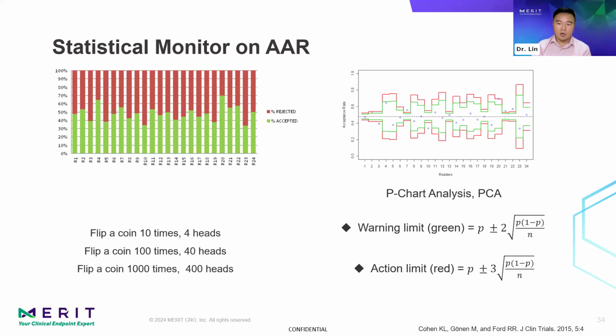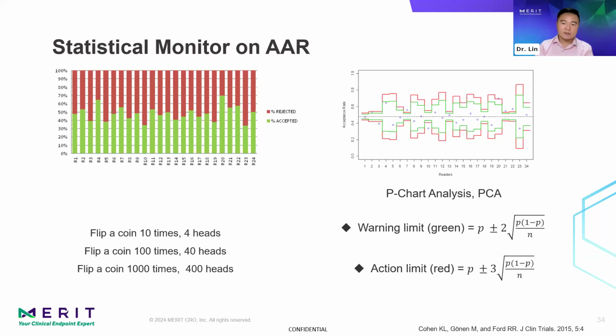Now look at the top right of the chart. The green line, which is the warning limit, corresponds to 2 sigma, and the red line, the action limit, corresponds to 3 sigma. These lines have varying widths, reflecting the varying number of cases that triggered adjudication for different readers.